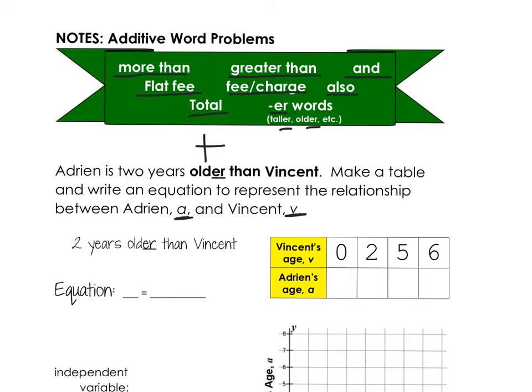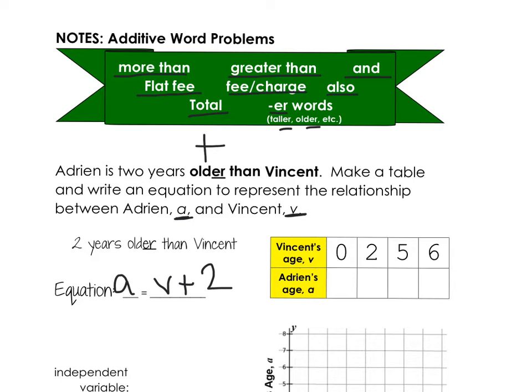So we would take Vincent's age and add 2 to get Adrian's age, right? Because it says Adrian is older than Vincent. So we're going to take Vincent's age and add 2.